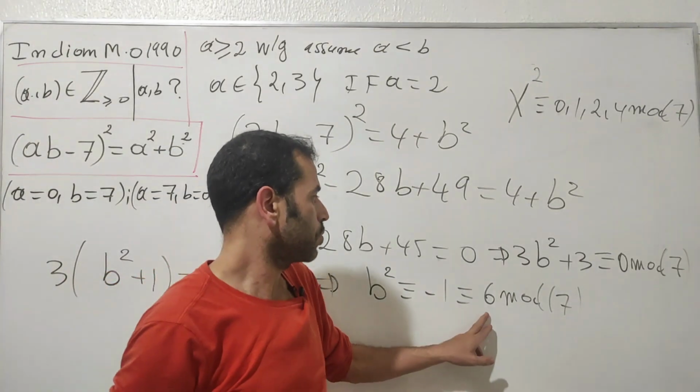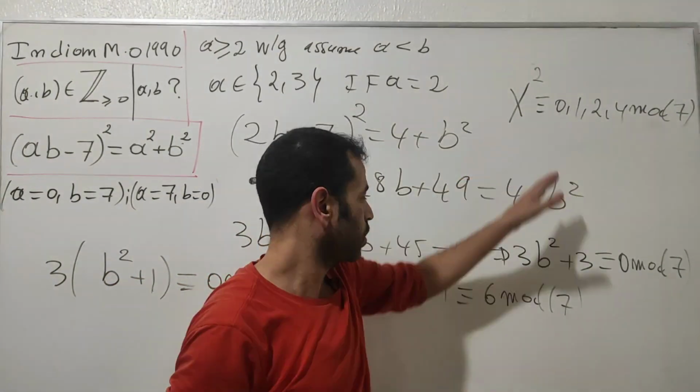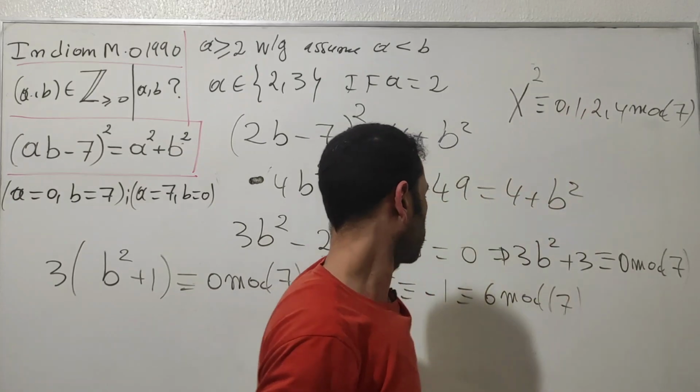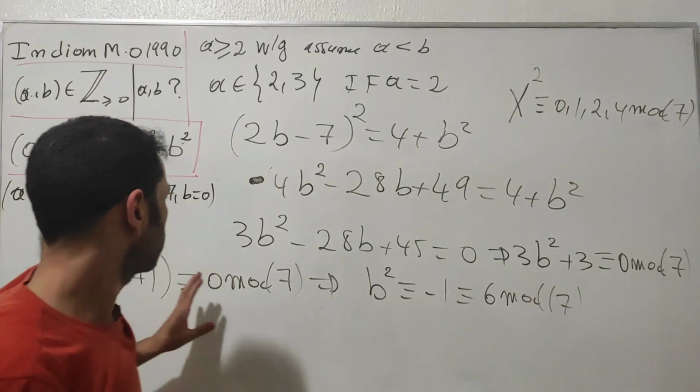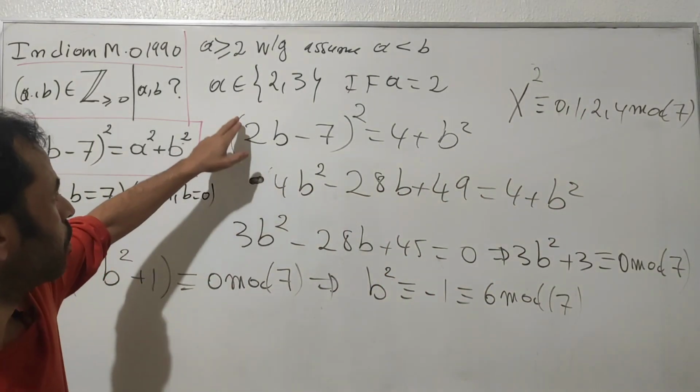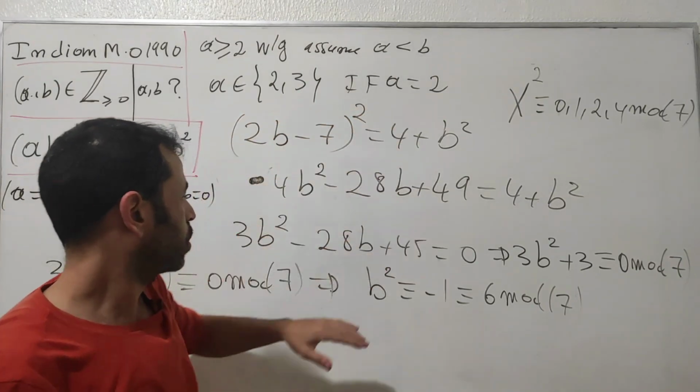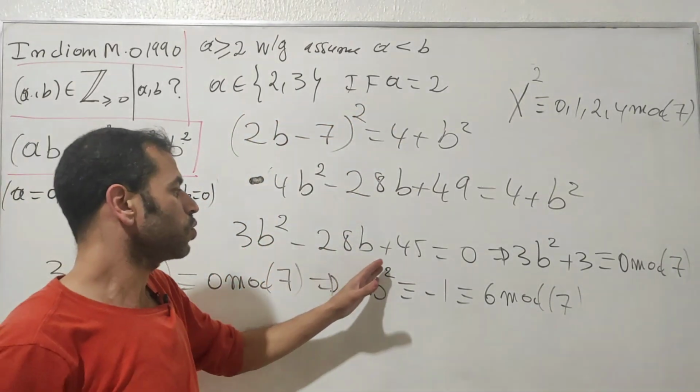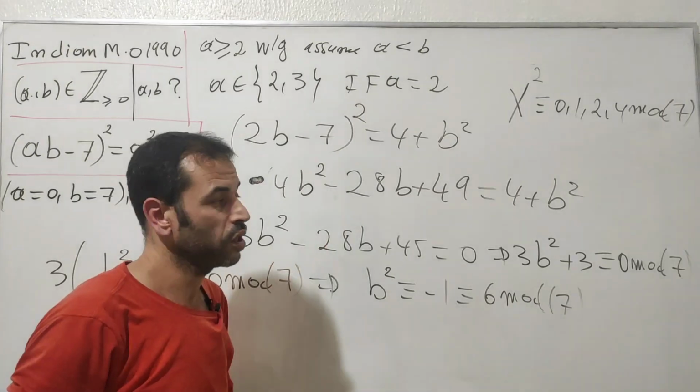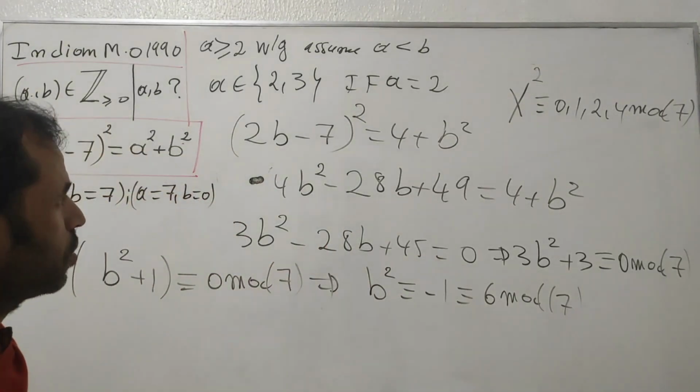But we get number 6 here, which we don't find in this set, which means we have no solution for this equation when a equals 2. Simply you can use a delta, and you will find it's impossible to have an integer solution. Okay, so I'm using simply the modular arithmetic.